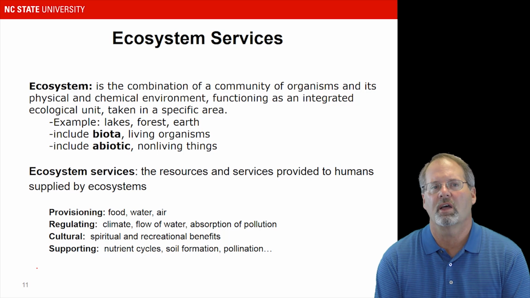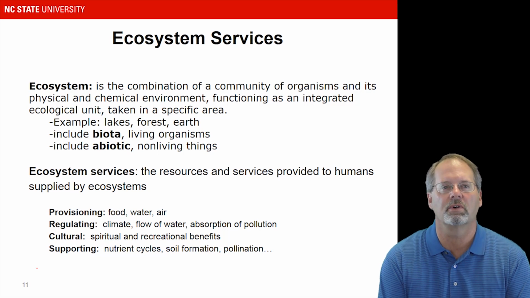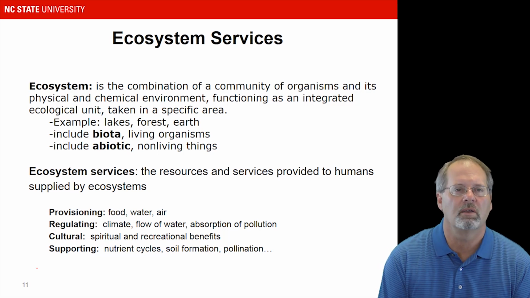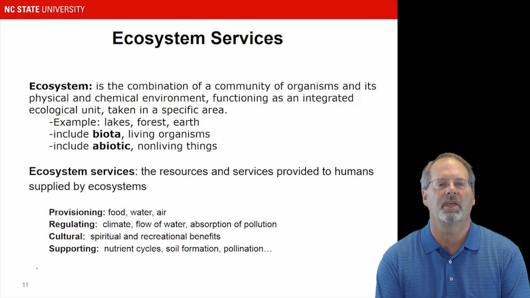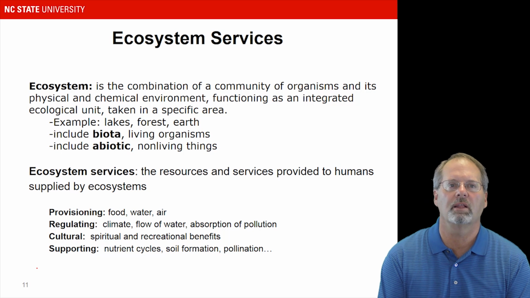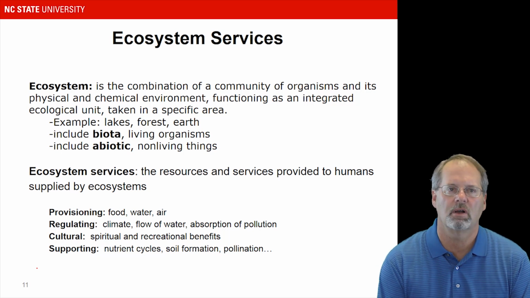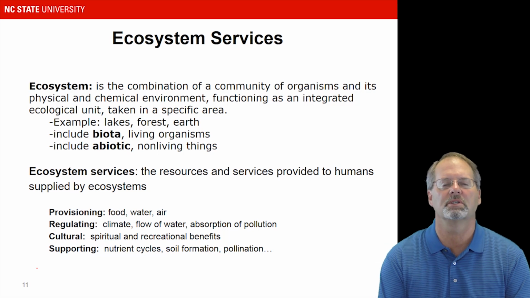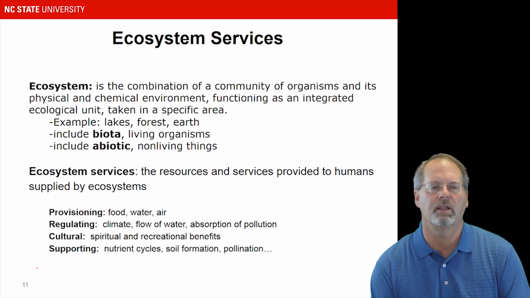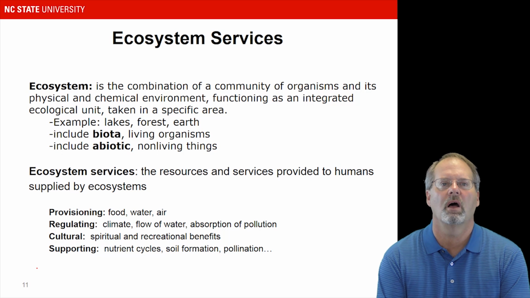If we break it down into some general categories, the environment can provide society with food, water, and air. It can help us with regulating our climate, so it can control the flow of water, absorption of pollution, and how the wind and air change.